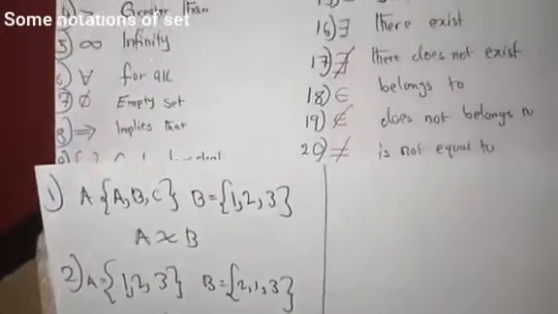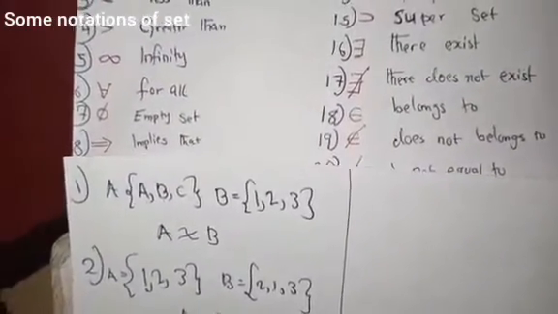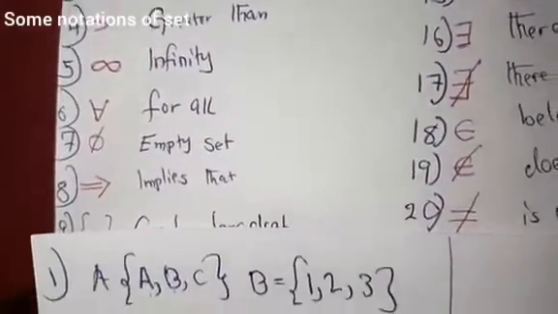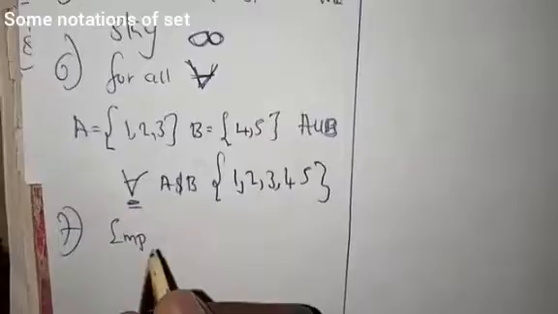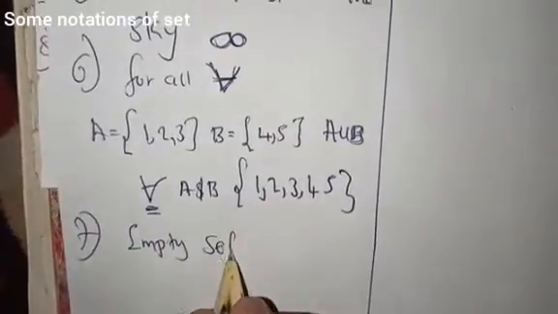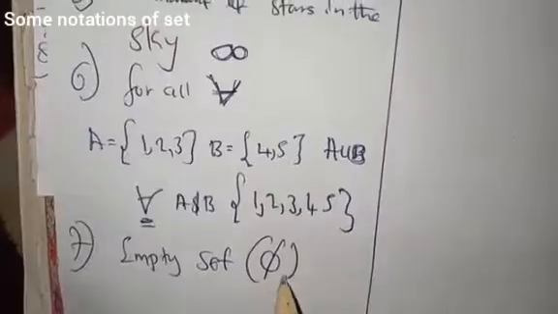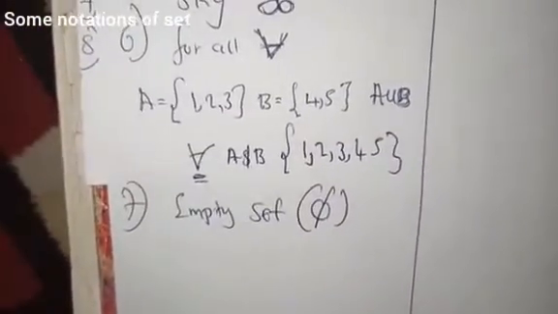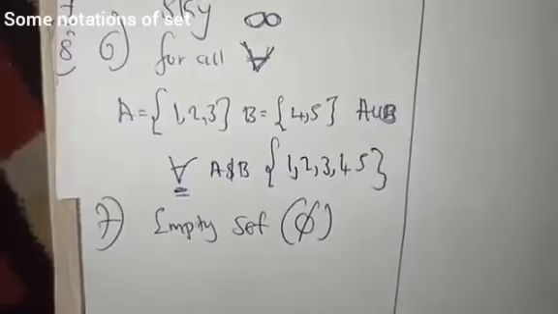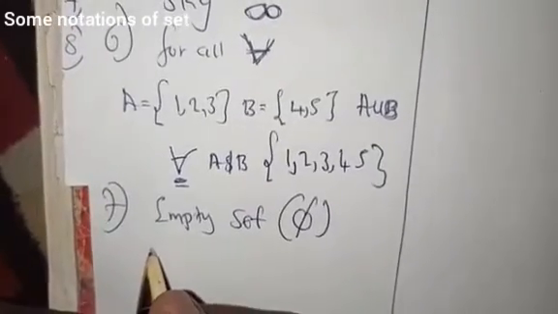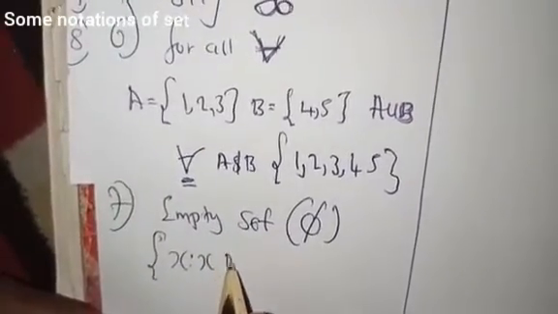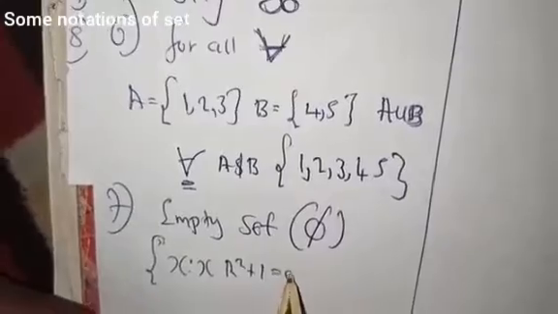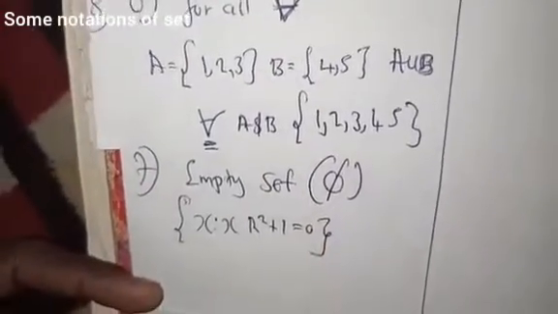Now we are moving to the next one, that is the empty set. If we say empty set, we are simply referring to the type of set that has no value in it. For example, number 6, empty set has a notation. So if we say empty set, we are simply referring to a set that has no element. For example, if you are given a set x such that x belongs to the real numbers and x squared plus 1 is equal to 0, in this world there is no real number whose square plus 1 will give you 0.